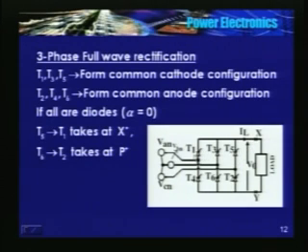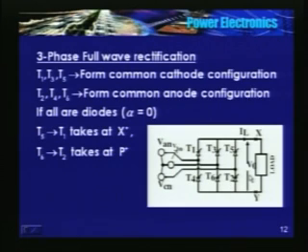Whenever a thyristor in the upper half is conducting, the load voltage is the same as that of the conducting phase. In the lower half, the potential of Y is the same as the potential of the conducting phase.